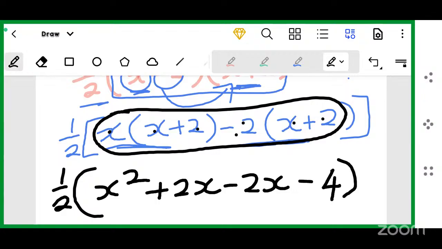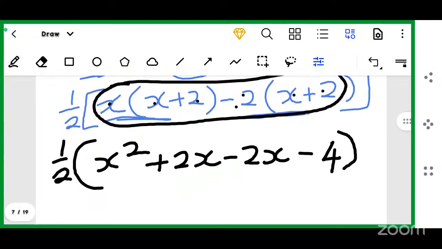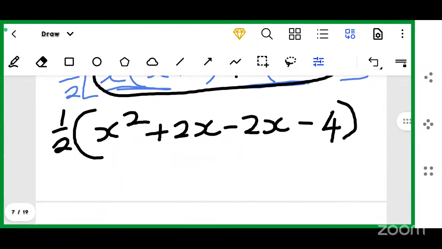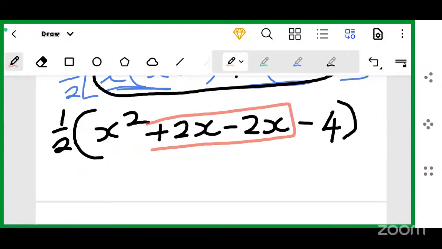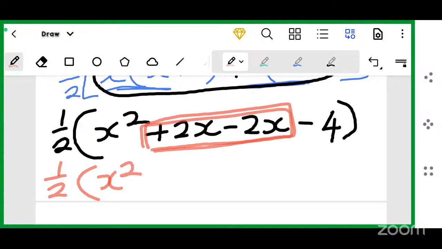and we close. So now we look at our like terms. We can see that we have these 2 as like terms. So we write our half, we open the brackets, and then we write our x to the power of 2, add or subtract these, and this one is going to be positive 0 because this and this just cancel each other, minus our 4.